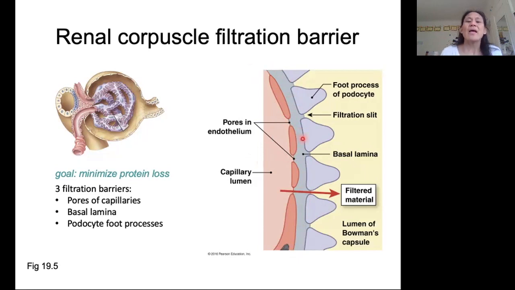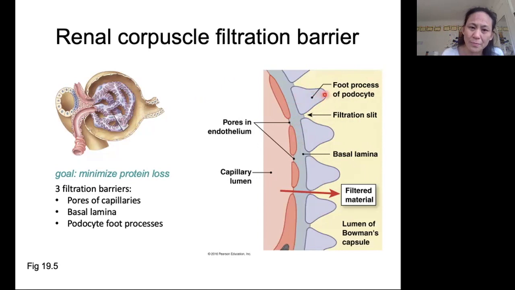Okay. And then our final filtration barrier is going to be the foot processes of those podocytes that we saw in the previous slide, right? So these purple colored cells here are the epithelial cells of Bowman's capsule. They're going to form these filtration slits.